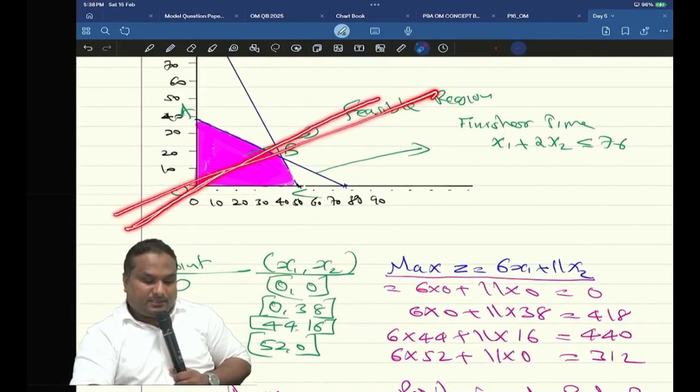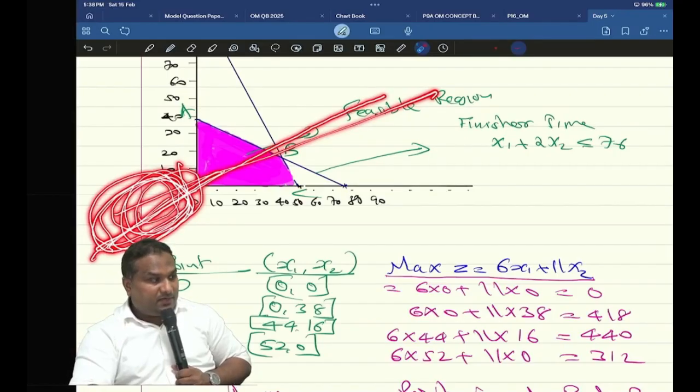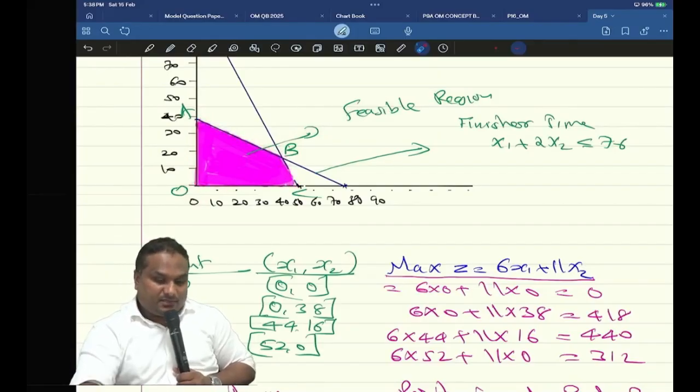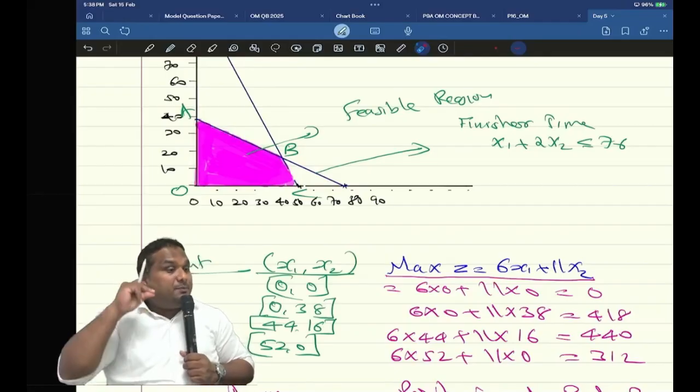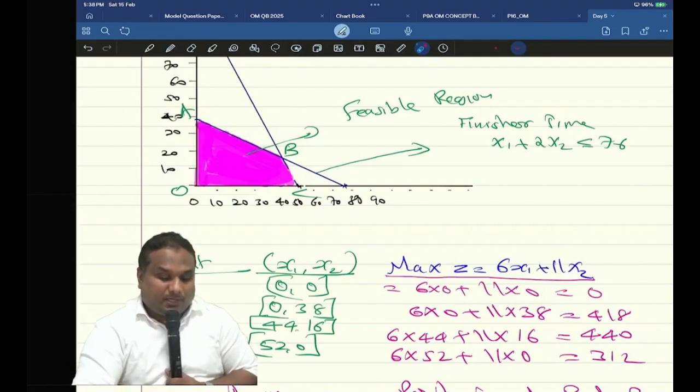These graphs will go to the left side, which does not satisfy non-negativity. These come under the negative area. Production will never be negative. So any solution on the negative side will not come under basic feasible solution. Any solution which satisfies all the constraints and non-negativity is a basic feasible solution. Among the best solutions, the highest profit or lowest cost is called optimal.